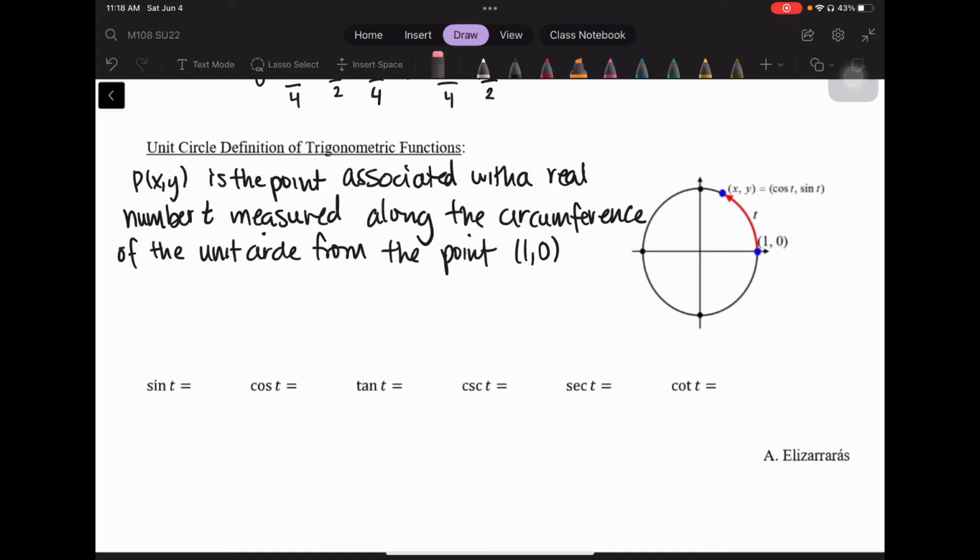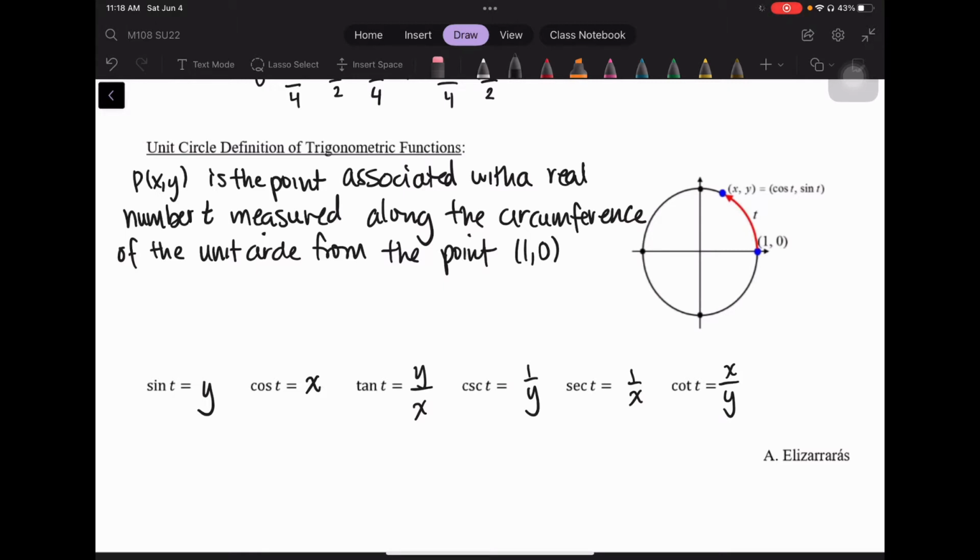In that case, cosine squared is equal to x squared and sine squared is equal to y squared. So we can define the sine of t as y, the cosine of t as x, and the tangent of t as y over x. And then using the reciprocals where r is 1, we have cosecant, secant, and cotangent.